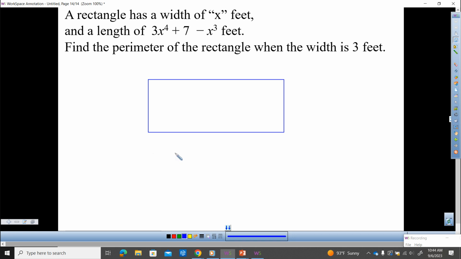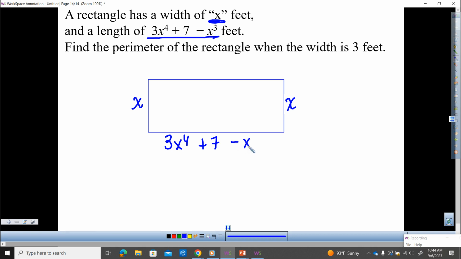So what are we going to label the width, everyone? X. So this is x and this is x. Our length is all this, so I'm going to label this 3x to the 4th plus 7 minus x cubed. That means this one over here as well, 3x to the 4th plus 7 minus x cubed. Okay. So far so good, yes?